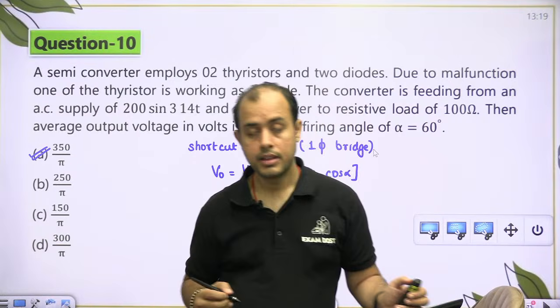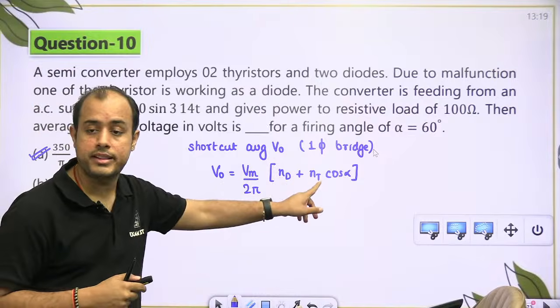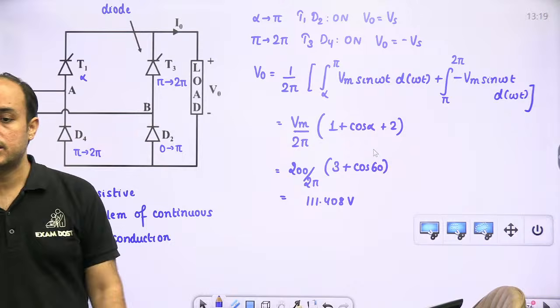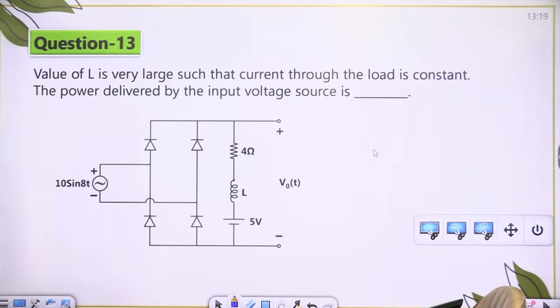Now because there is one thyristor and 3 diodes, it will be 3 plus cos alpha. So here also 3 plus cos alpha came. Okay, you could do it this way.